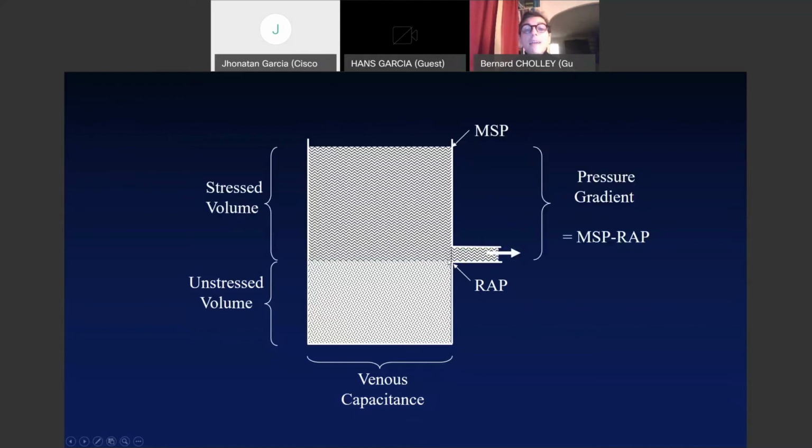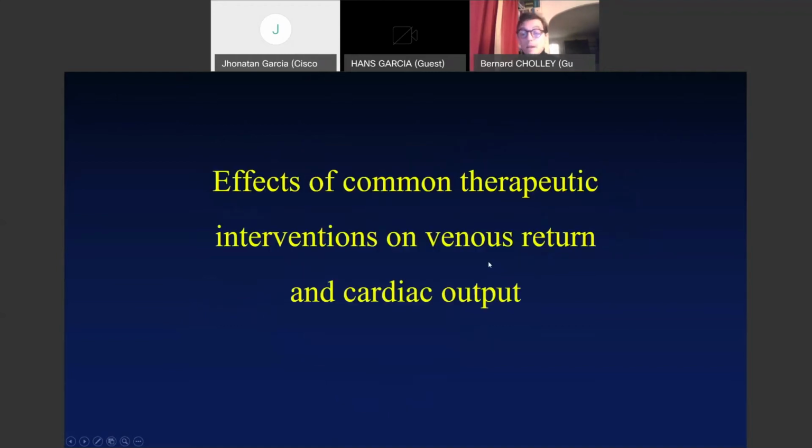And the height of the liquid in the reservoir represents the mean systemic pressure. And you can see that what will determine the force that pushes the liquid to leave the reservoir is the hydrostatic pressure between mean systemic pressure and right atrial pressure. The size of this little tube here represents the resistance of the vein.